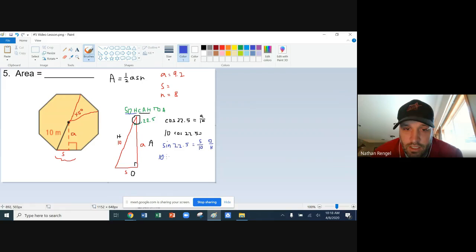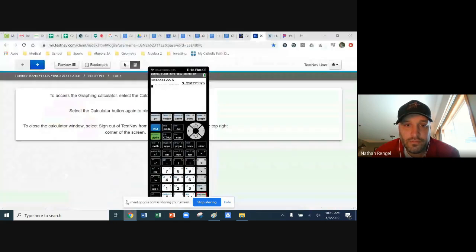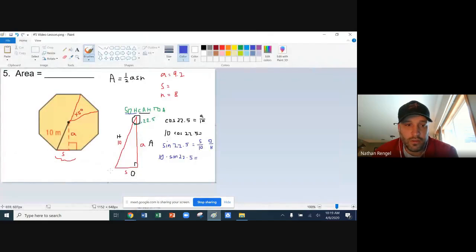So 10 times the sine of 22.5 degrees. And we'll head to our calculator again. 10 times the sine of 22.5 gives us 3.8.